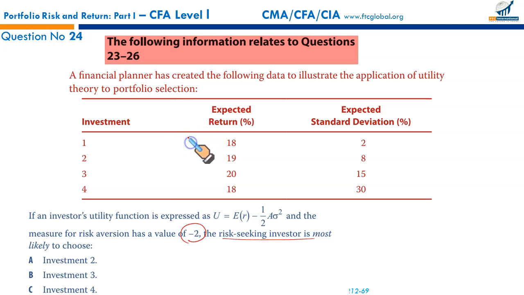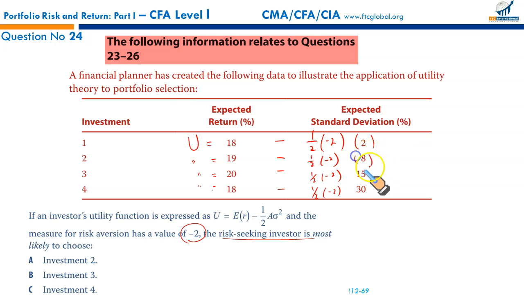Okay, so let us write down our utility function right here. Negative 1 over 2, risk aversion minus 2, 1 over 2 into negative 2, and of course these are the standard deviations, so they need to be squared. Remember, they are in percentages.